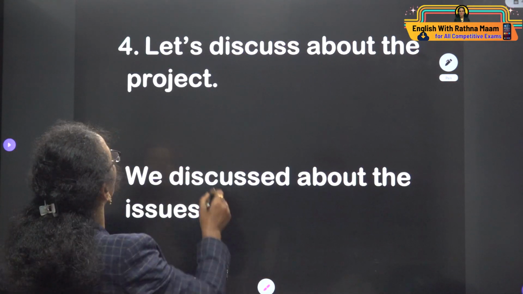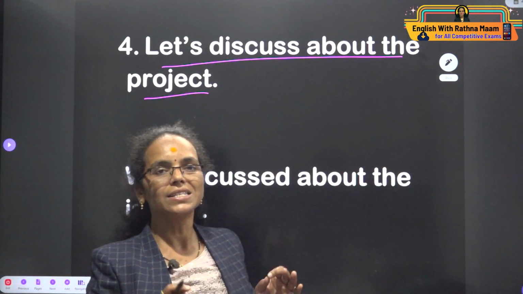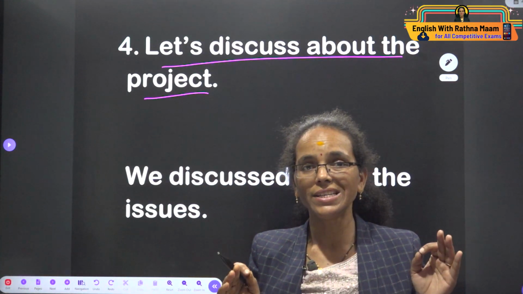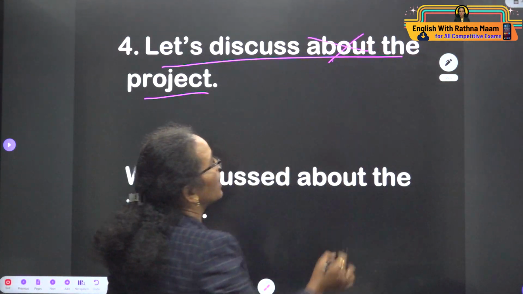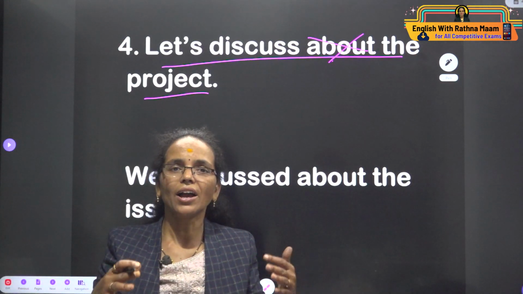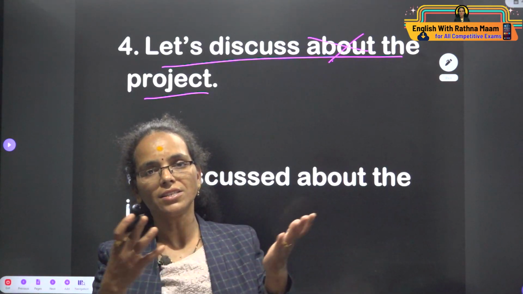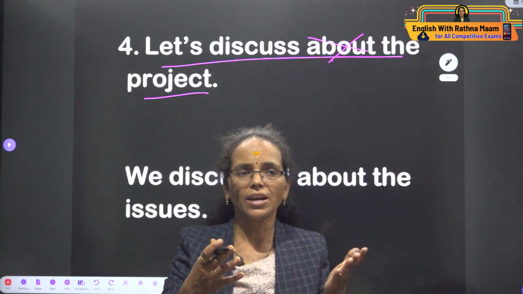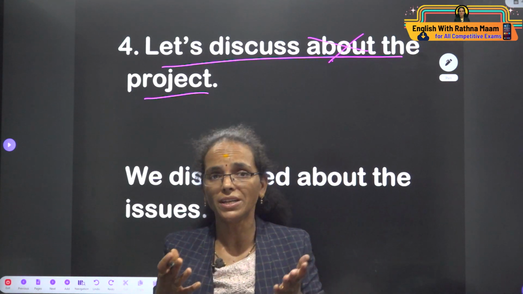Next one. Fourth one. Let's discuss about the project. Discuss is a word which does not require a preposition. Discuss means discussion. Again, why is about required? Discuss means there may be some topic to be discussed.